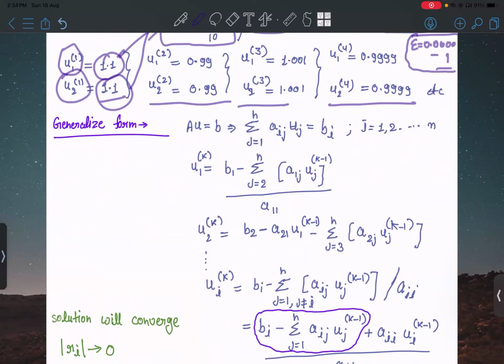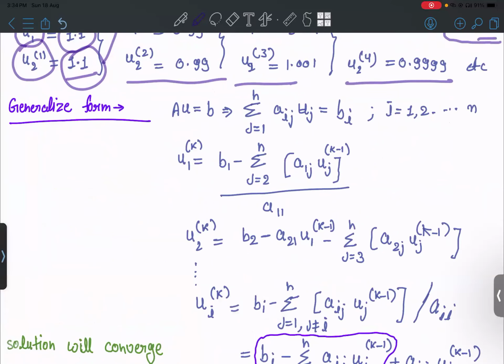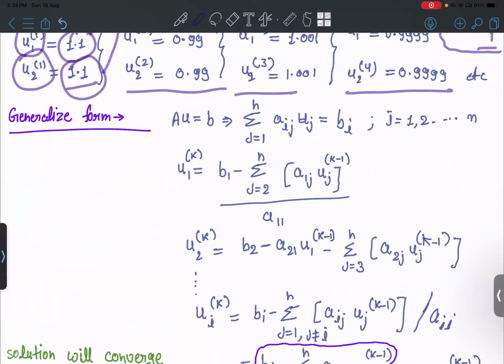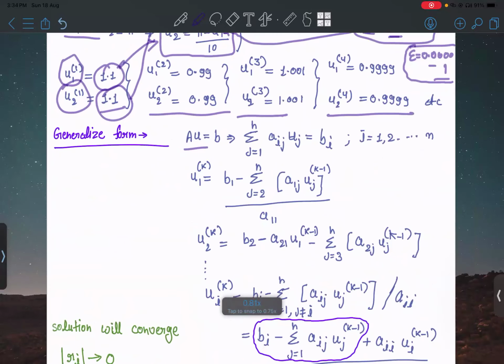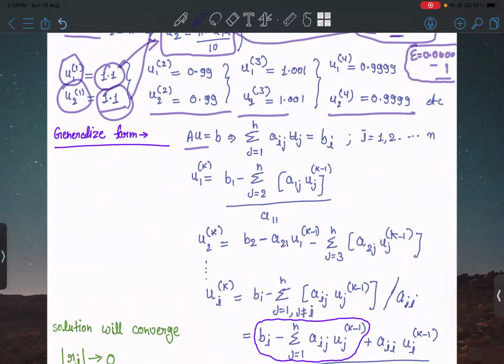Earlier I expressed this with an example. Now I will try to explain it in a generalized fashion. In generalized form, I can say that the equation Au equal to b can be represented as the sum over j equal to 1 to n of aij uj equal to bi.